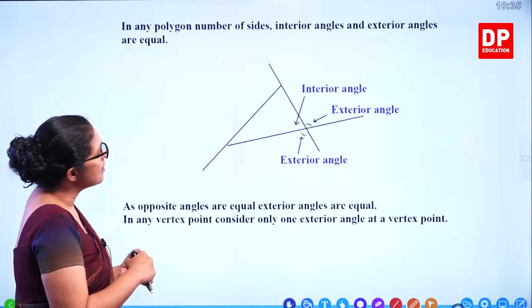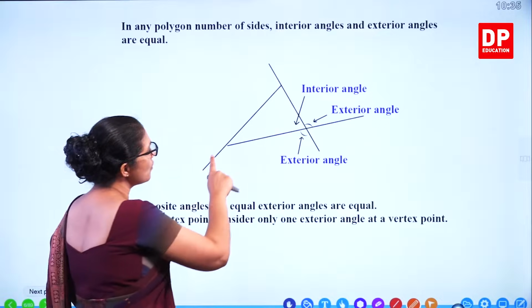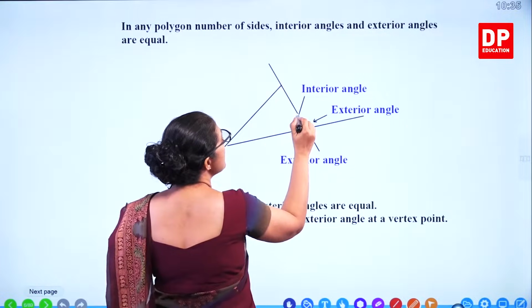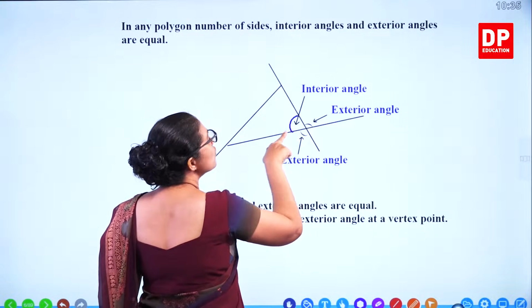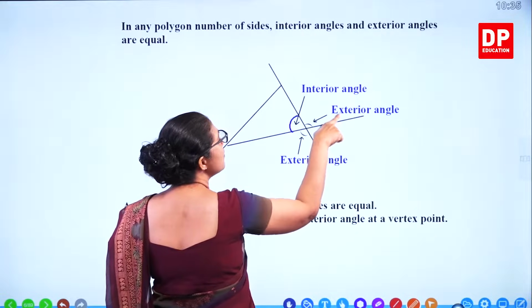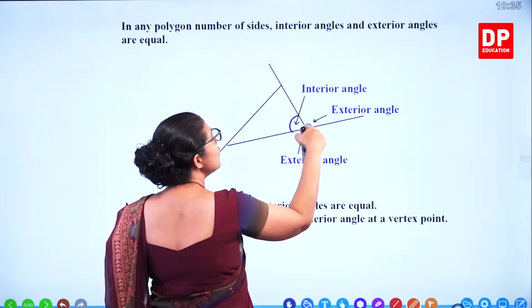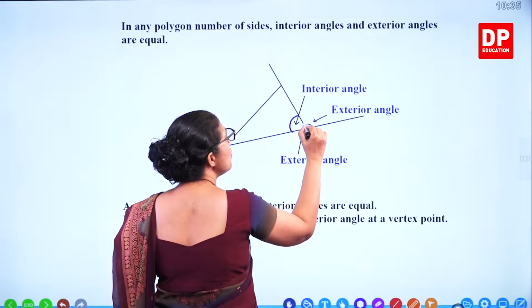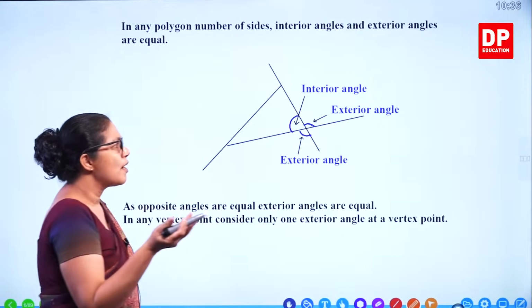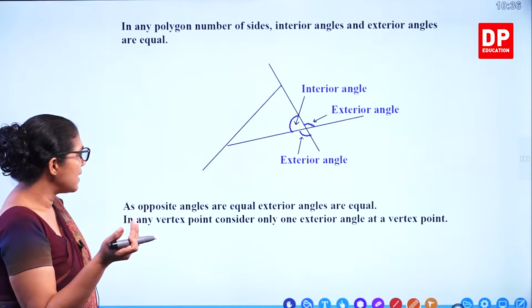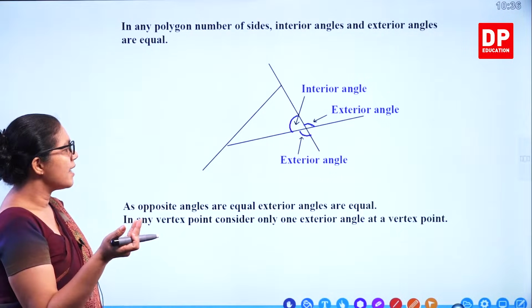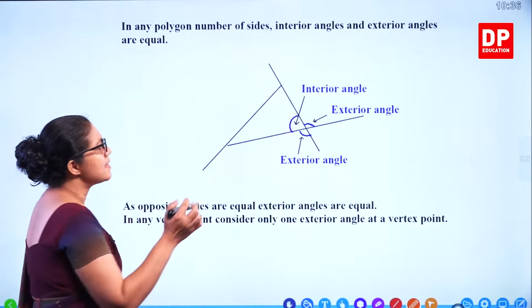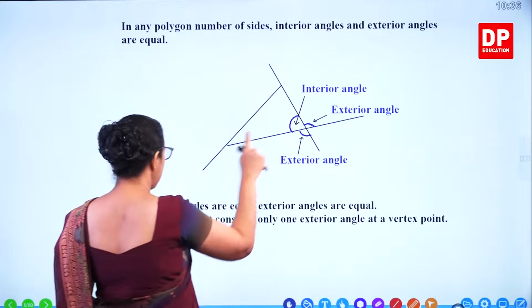So look at this triangle. So we know this is the interior angle. When you extend the line, you get exterior angle here. You can extend this way or this way. So you get 2 exterior angles, but both are opposite angles. Opposite angles are equal, so you get the same exterior angle here.